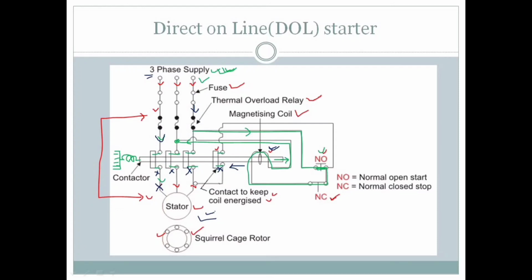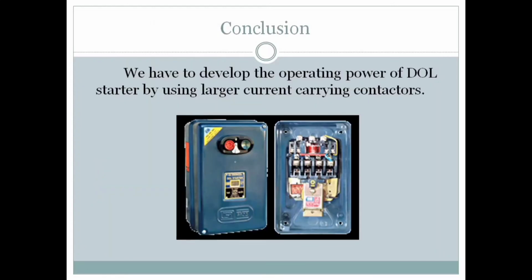So we conclude that by increasing the contact current carrying capacity, we can improve the rated value of the DOL starter, so that we can use a larger induction motor connected through the DOL starter.